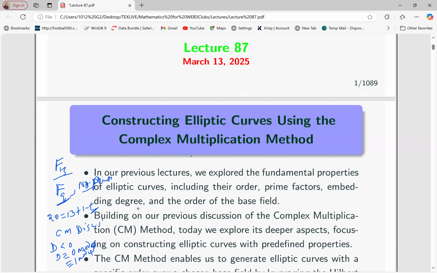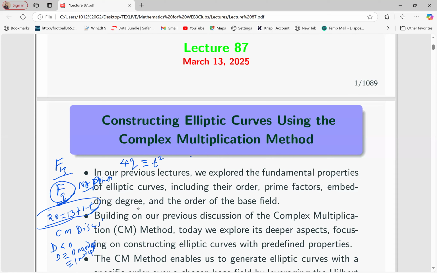The other property that the discriminant must meet is that 4 multiplied by q, the q you chose for your field, should be congruent to t squared. Remember, we just calculated t from this step.